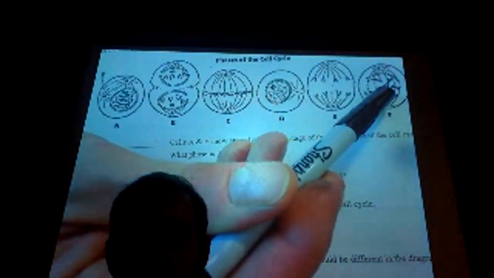We're good? Okay. So question 1, cells A and F shown in the earlier are part of the same phase, but just the beginning and end of that earliest phase. Yes, and as Natalie said, that is prophase. So if you look, A and F are both part of prophase.